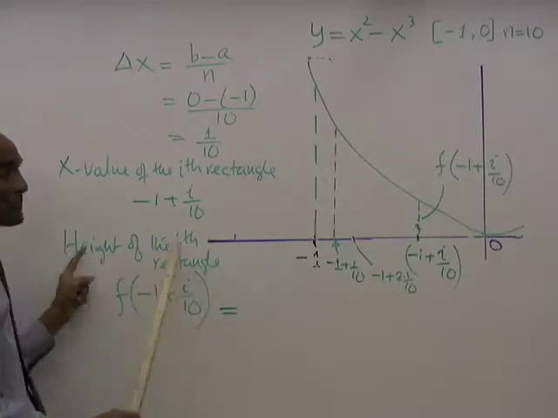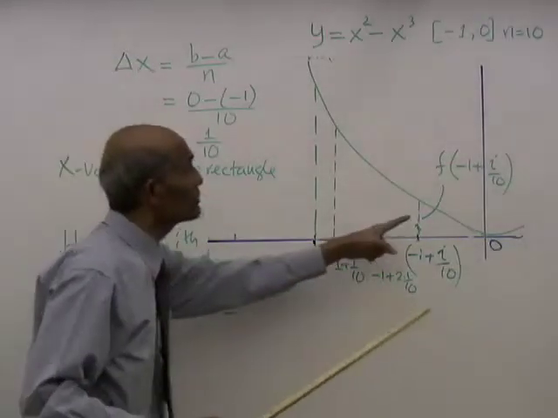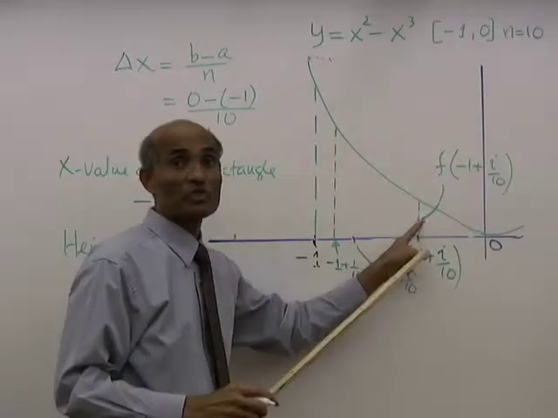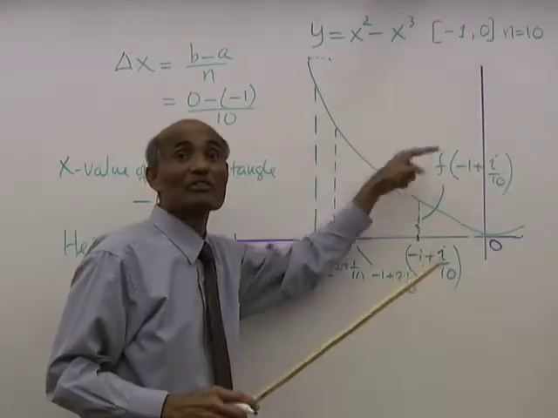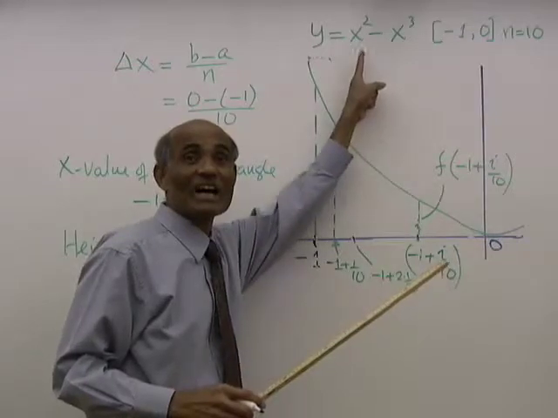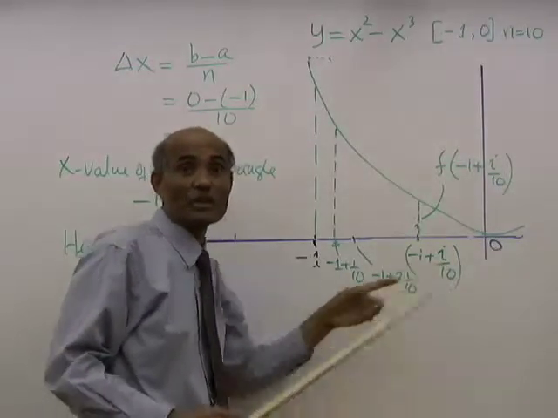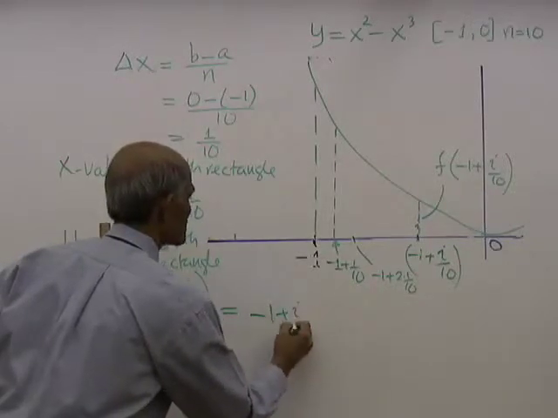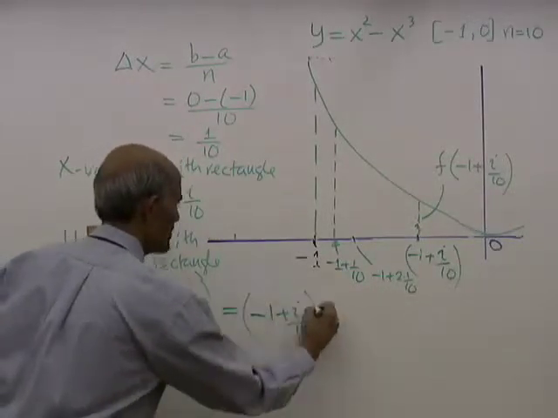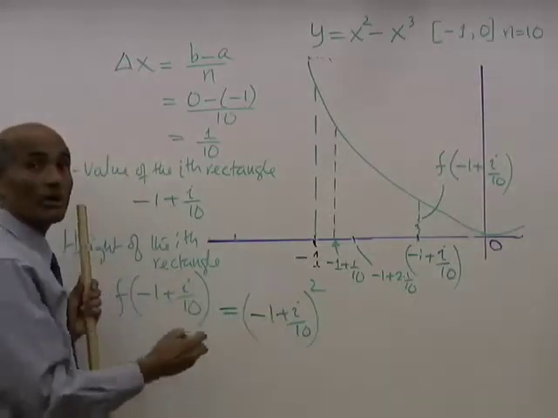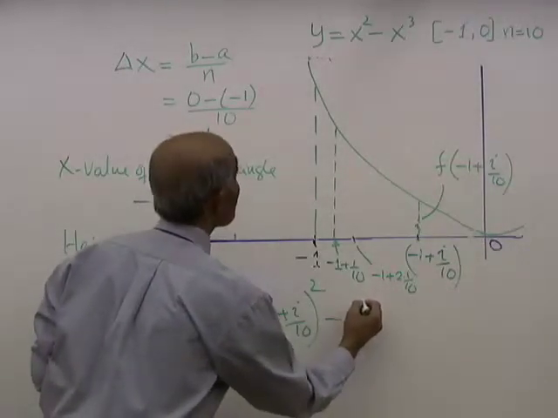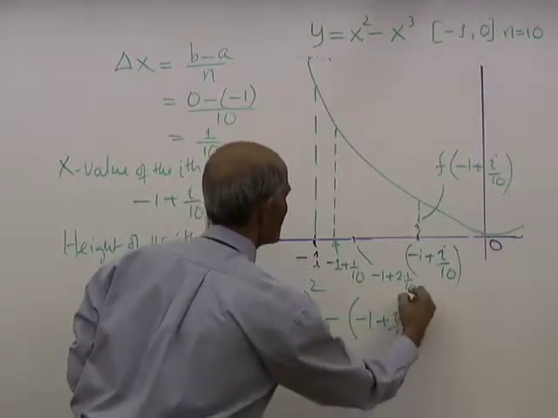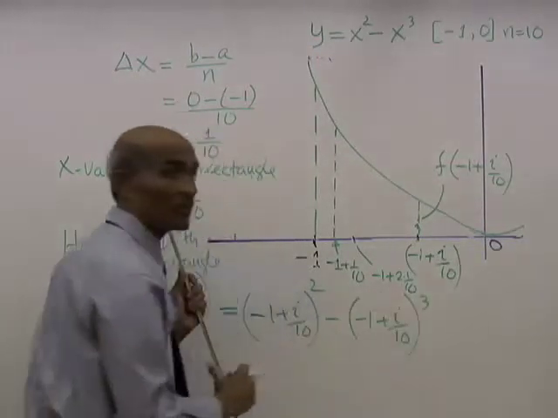The height of the ith rectangle is f of x. x is this value. And that means to get the height, we will replace in here x by this quantity. So that will be (-1 plus i over 10) all squared, that's x squared, minus (-1 plus i over 10) all to the power of 3.